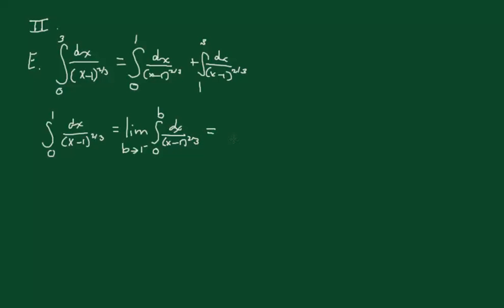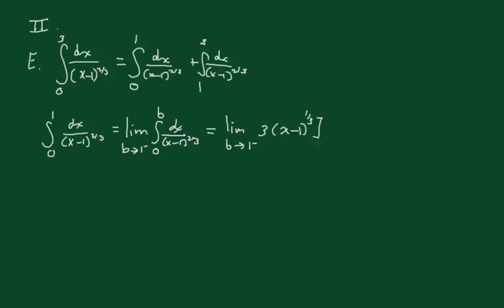Now we're going to integrate and carry our limit statement: the limit as b goes to 1 from the left. It's very important that you show the one-sided limit. The integration of this is 3 times (x minus 1) to the 1/3.